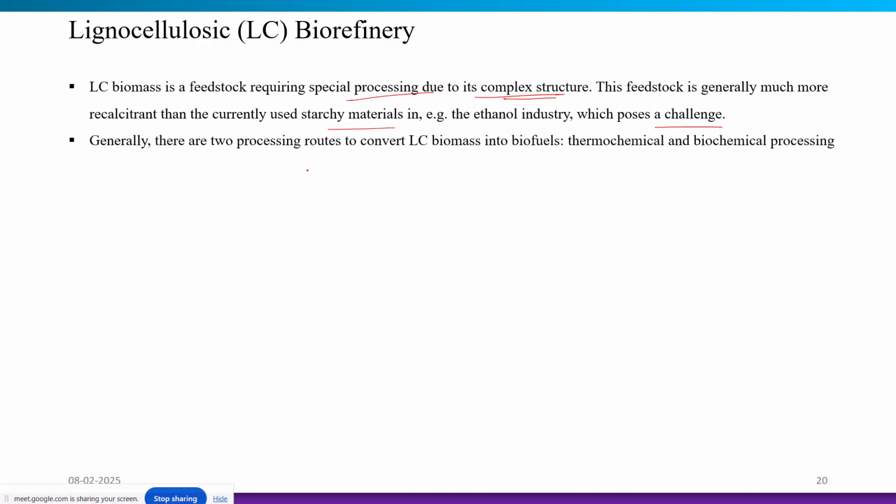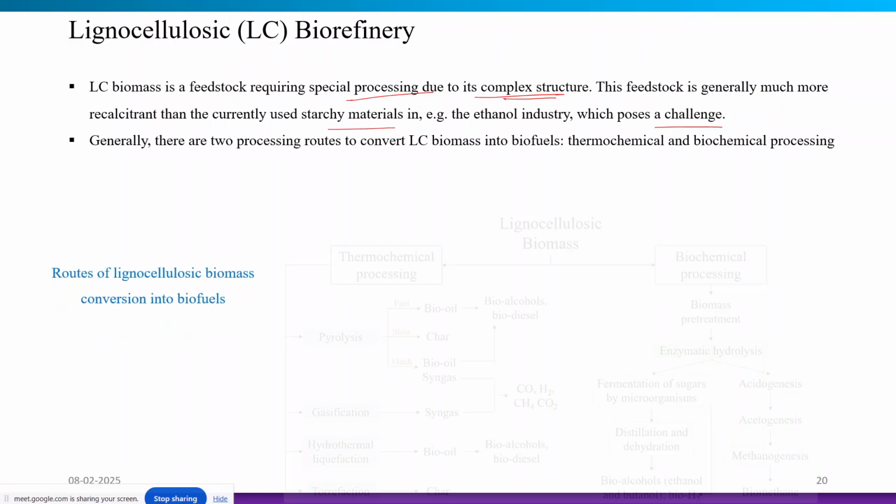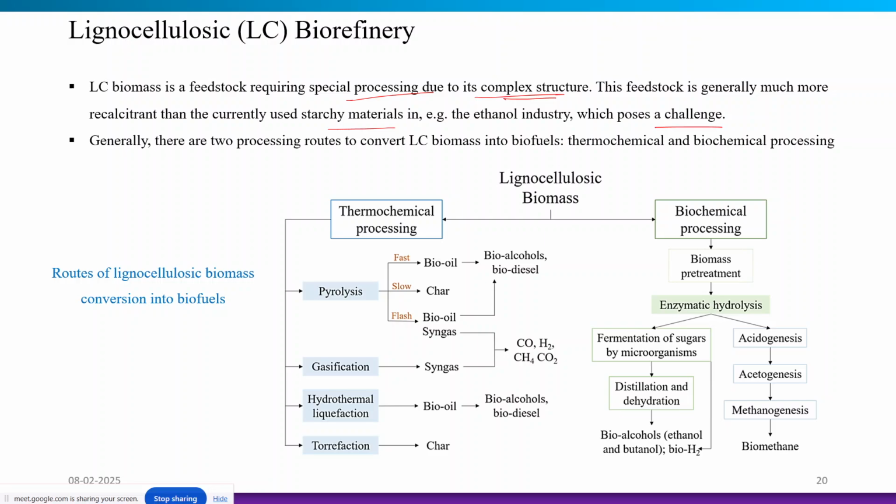Generally, there are two processing routes to convert the lignocellulosic biomass into biofuels. One is thermochemical and another one is biochemical. That we know already. Now, I would like to present what we can achieve from the lignocellulosic biorefinery. By the thermochemical process, pyrolysis itself has three varieties, fast pyrolysis, slow pyrolysis and flash pyrolysis, and we are getting bio-oil, char and syngas.